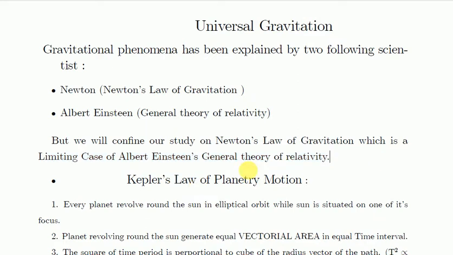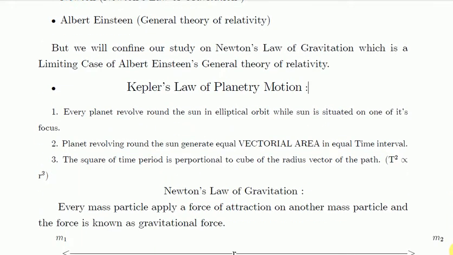Now, first, let us know Kepler's laws of motion. What are they? Kepler states that every planet around the sun revolves around the sun in an elliptical orbit, while the sun is situated at one of its foci. Second, a planet revolving around the sun generates equal vectorial area in equal time intervals.